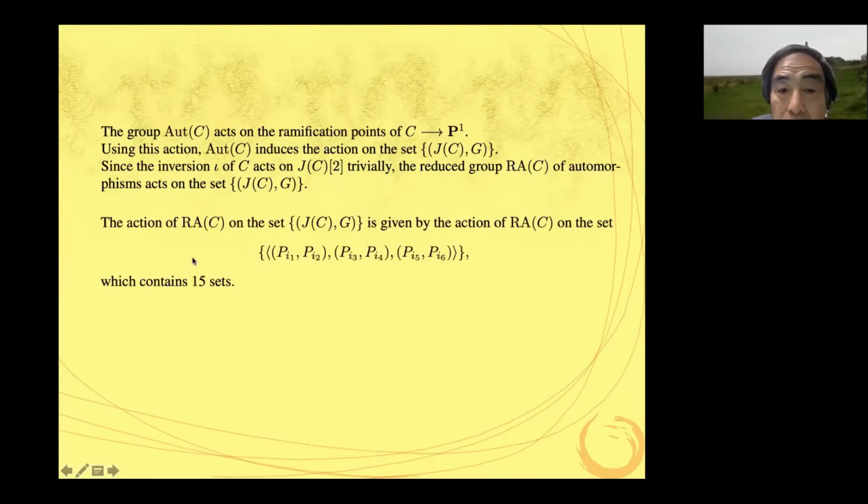And anyway, the action of the reduced automorphism group on this set is given by the action of the reduced automorphism group on such a set, because a pair of 2 ramification points gives 1 isotropic subgroup. And this set consists of 15 elements.